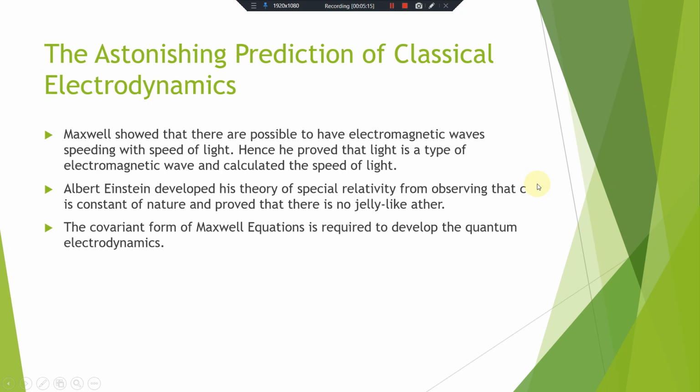He observed that under the Galilean transformation, the wave equation of electromagnetic waves became non-invariant, but under the Lorentz transformation, this equation became invariant. Hence, he developed a new kind of kinematics and dynamics from classical electrodynamics.